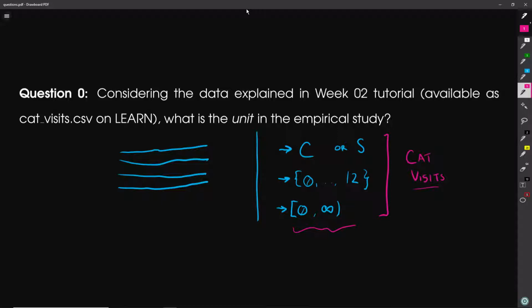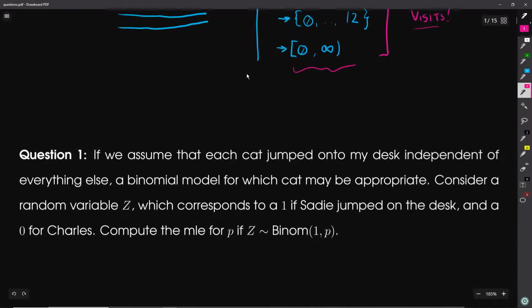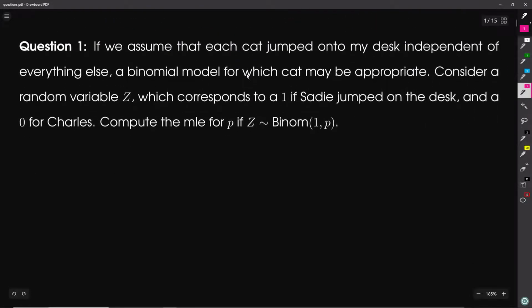So this forms a theoretical infinite population, and we're observing single realizations from this, which means that this is an observational study of cat visits to my desk. Okay, so it's a slightly different empirical study versus what you might be used to seeing, so I figured I'd point that out. But now we'll go to the main focus of today's tutorial, which are maximum likelihood estimators.